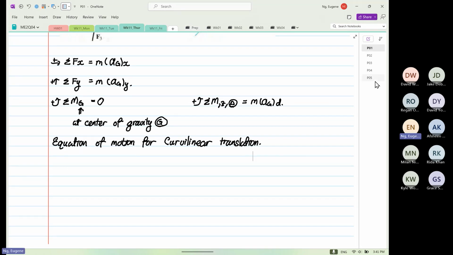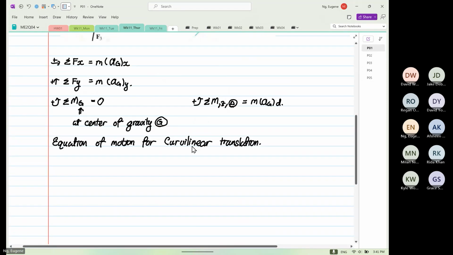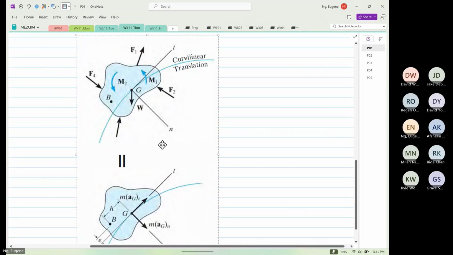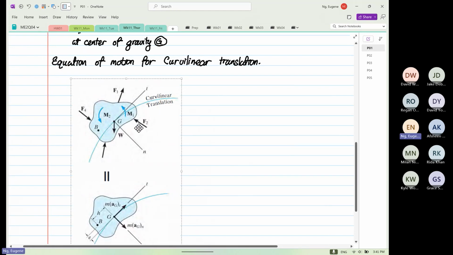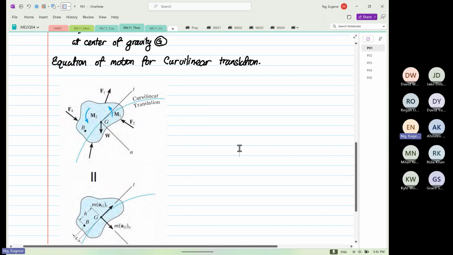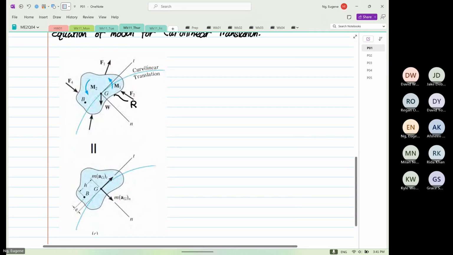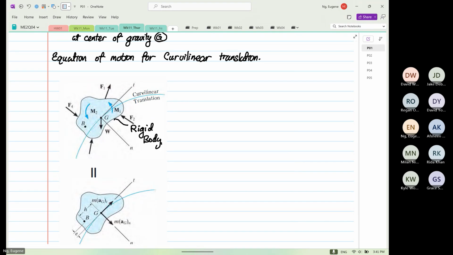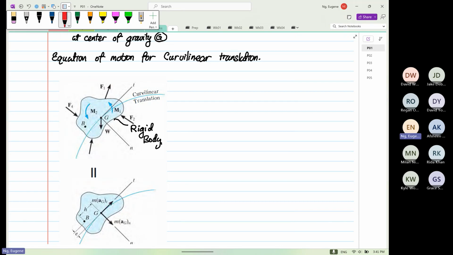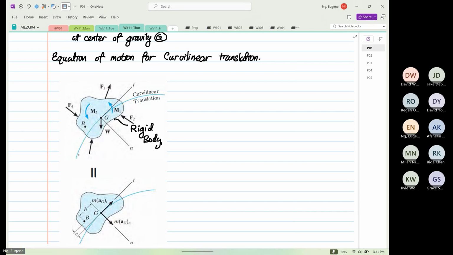So what do we mean by curvilinear translation? This diagram over here that you see now is a curvilinear translation. For curvilinear translation, what you see is the entire rigid body is going through a curved path, as you can see down here.